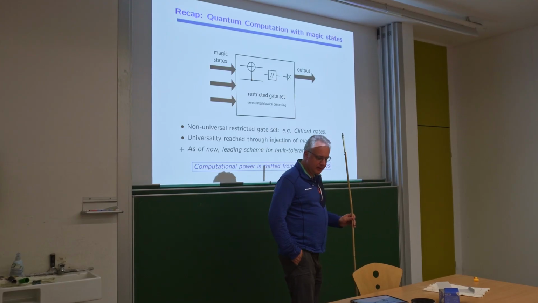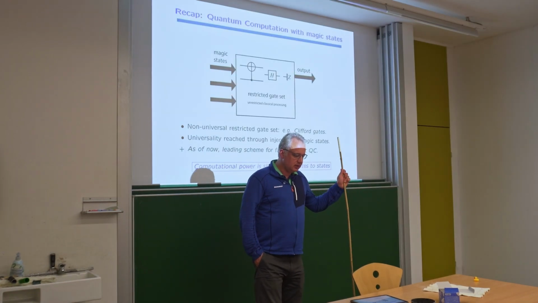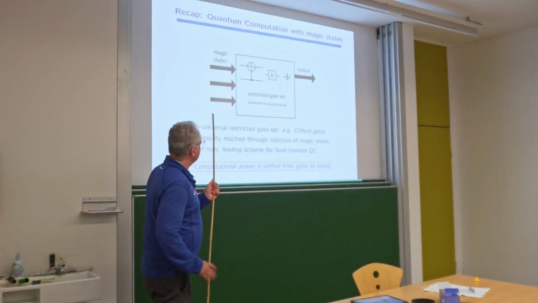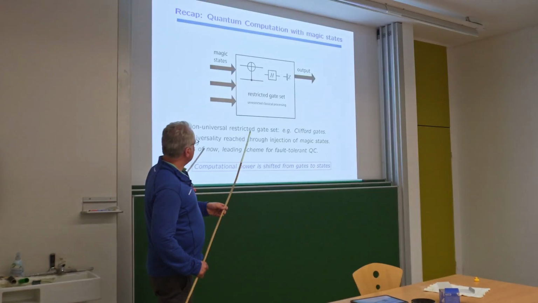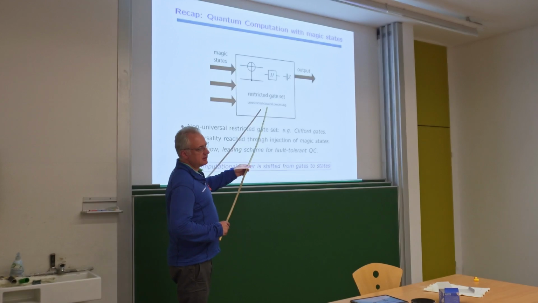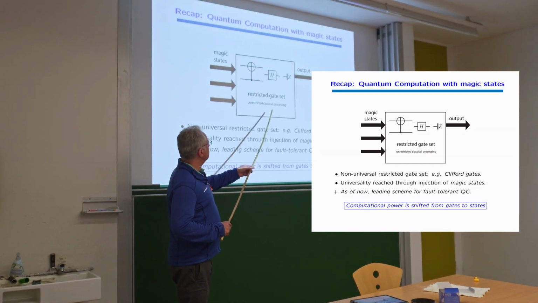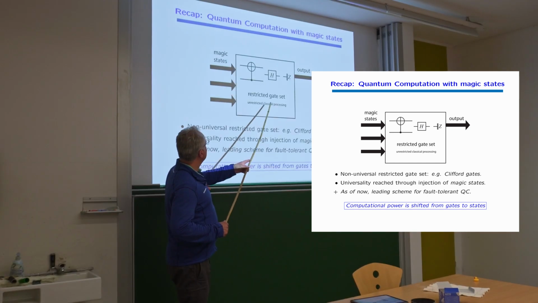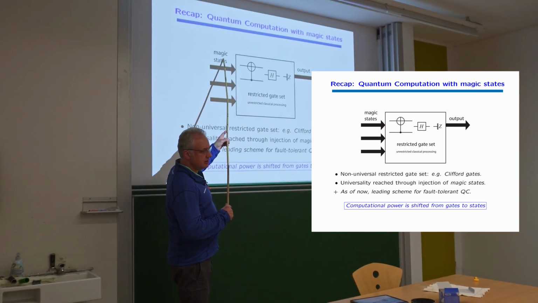This is a recap of what we talked about last time: quantum computation with magic states. Remember, it is almost the circuit model, except that you do not have a universal set of gates. You replace the gates that are missing, namely the non-Clifford gates, by something else, so-called magic states.